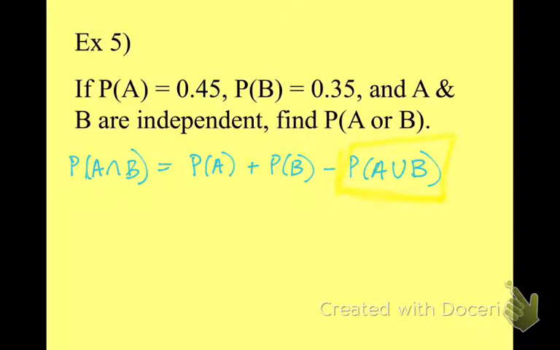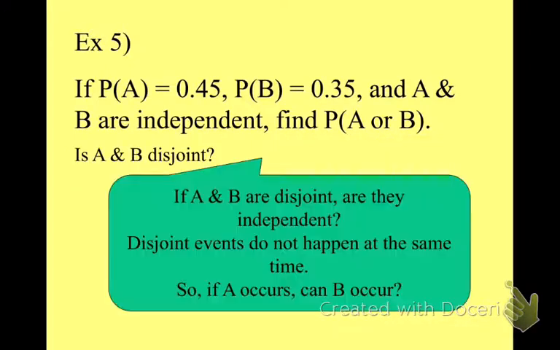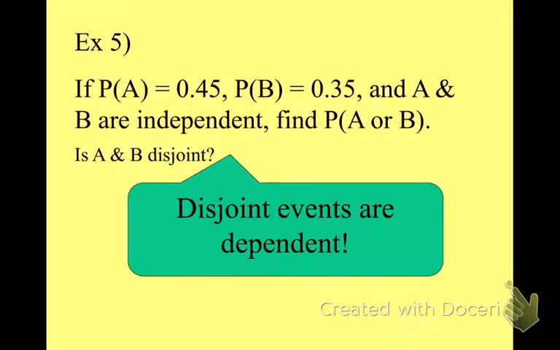And so solving for that, it is 0.45 times 0.35. So then I get 0.45 plus 0.35 minus their intersection.